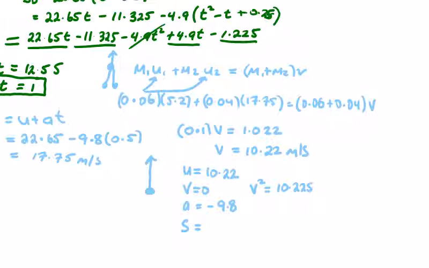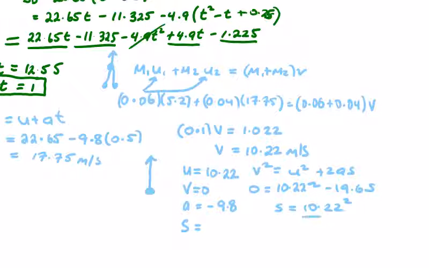And I should probably write my formula. v squared is equal to u squared plus 2as. So v squared is equal to 10.22 squared, 2a is minus 19.6 s. And we had v to be 0. So we have 0.